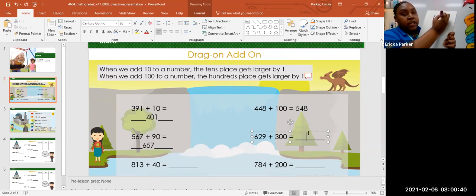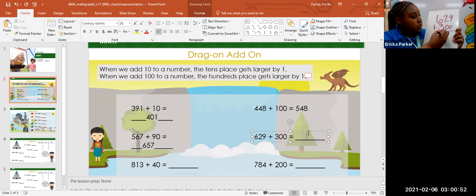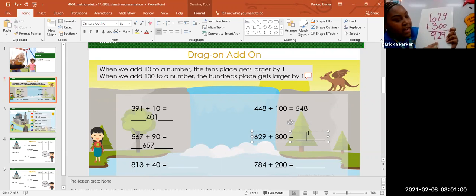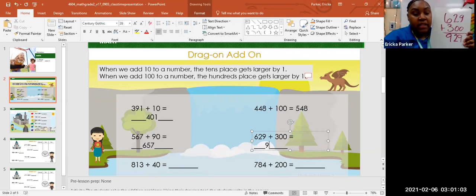So let's do 629 plus 300 equals. Let's slide over here. 6 plus 3 equals 9. 2 and 9 come on down. So that brings us to 929.